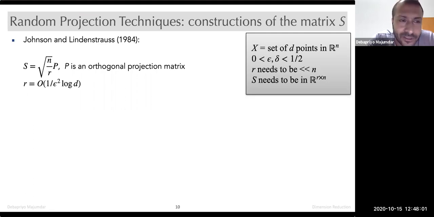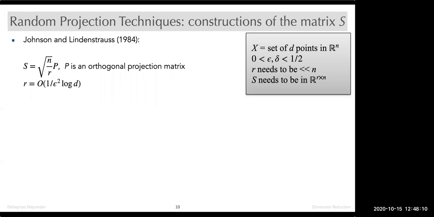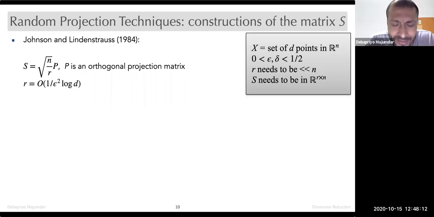So just to preserve that, essentially what this says is that you project onto an orthogonal projection matrix and just scale up all entries so that the distances come back to the original scale. For practical purposes, this is not required because we will only be interested in relative distances between points. We don't really care exactly what the distance is, but this is essentially just a scaling factor. That's just to tell you.